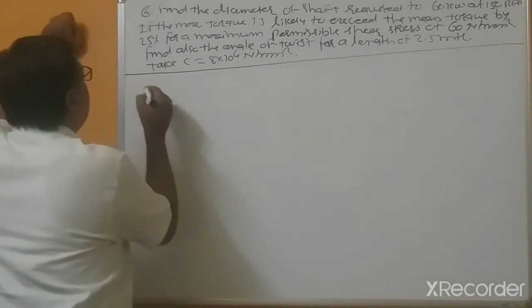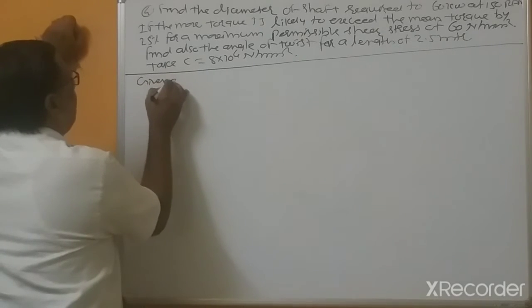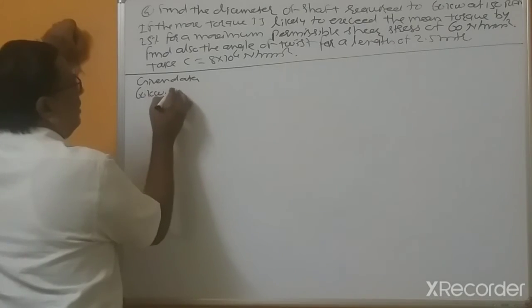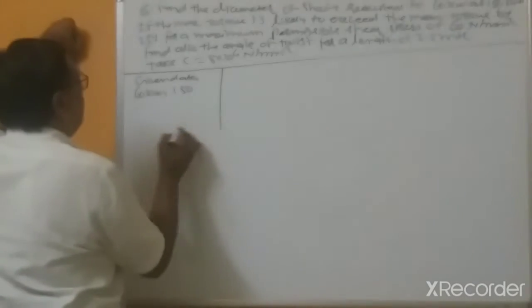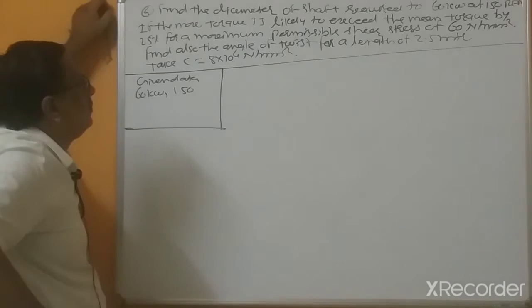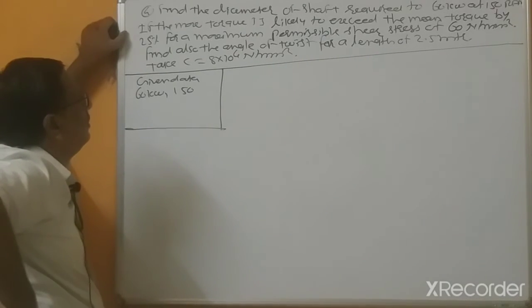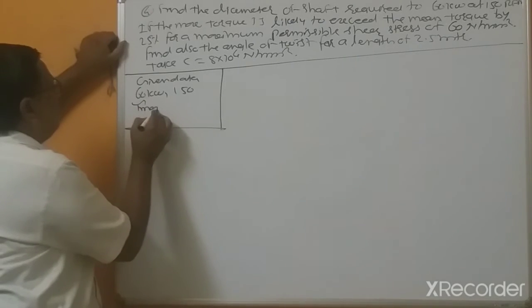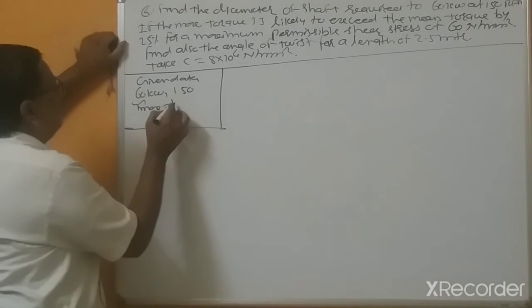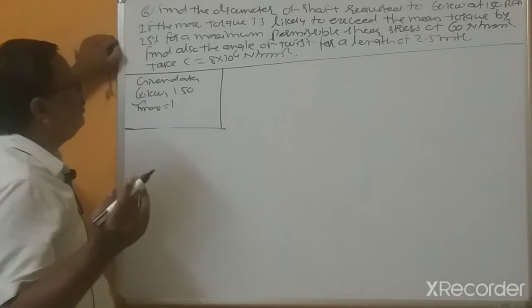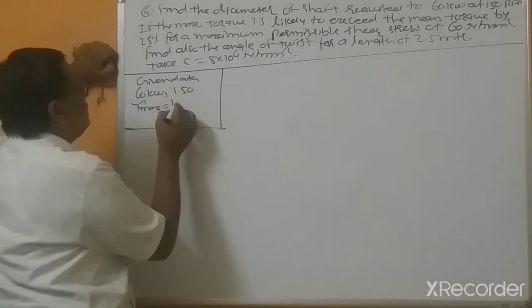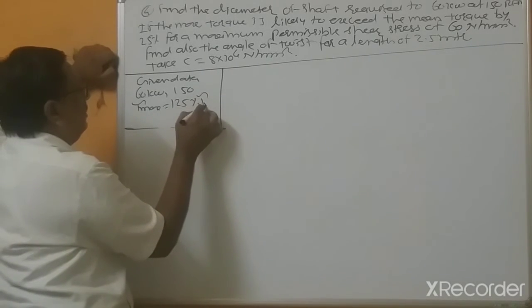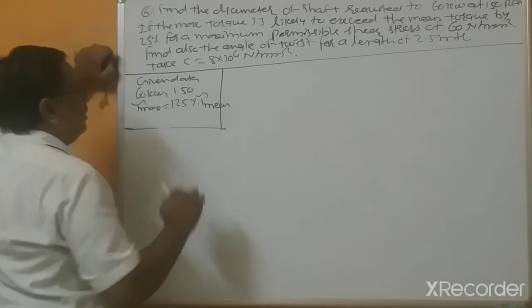So here the given data: 60 kilowatt, RPM 150, maximum torque equal to 125% of the mean torque.